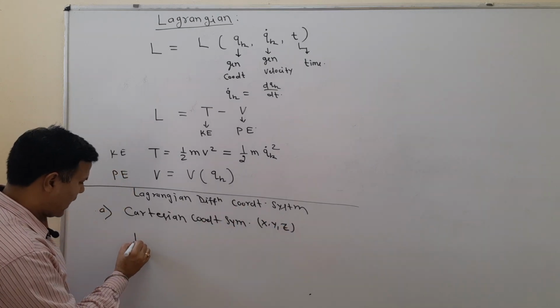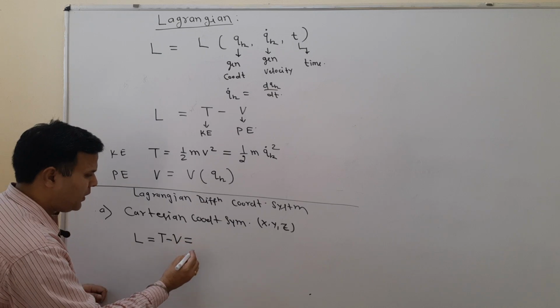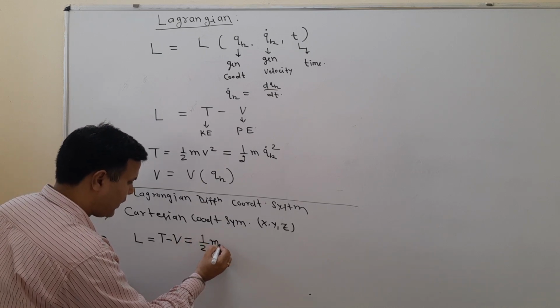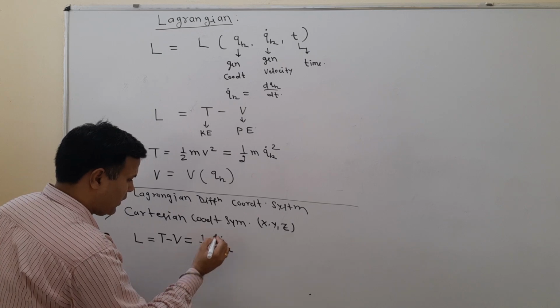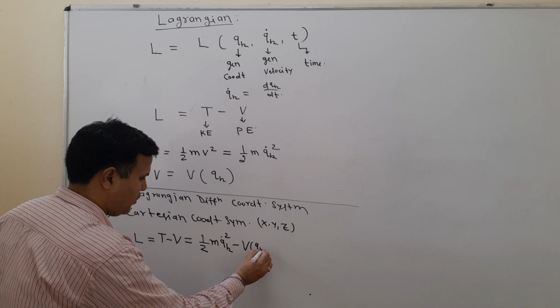What is our L? L is simply T minus V. T is simply half m qk dot square, minus V of qk.